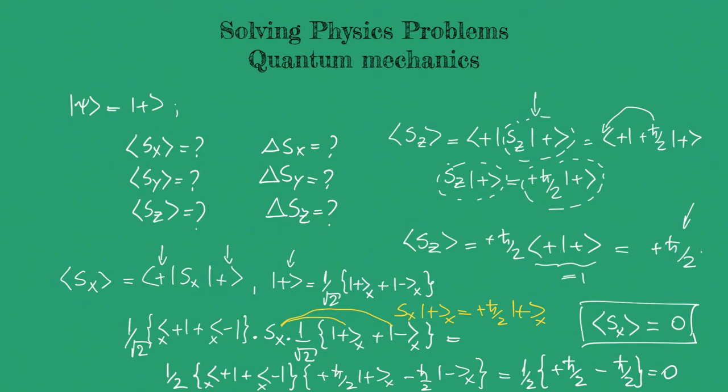Again, this is what we expect, since the two possible measurement results are plus minus h bar over 2, each with 50% probability, so the average is 0, as shown by this result.